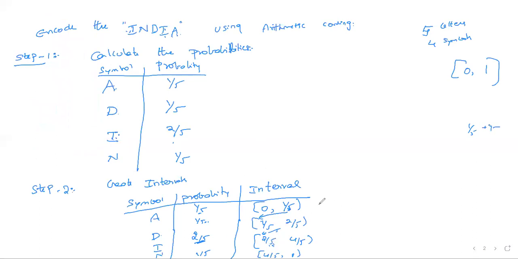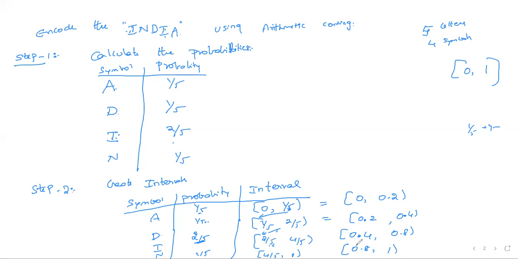I am writing the symbol intervals in decimal values: 0 to 0.2, 0.2 to 0.4, 0.4 to 0.8, 0.8 to 1.